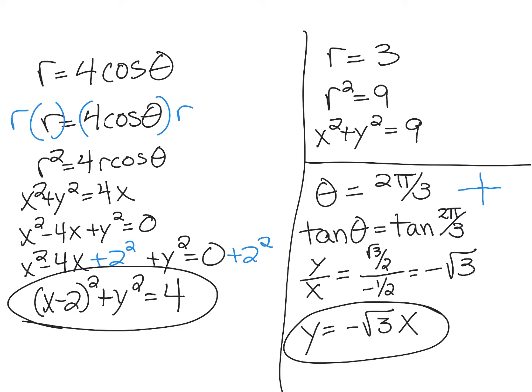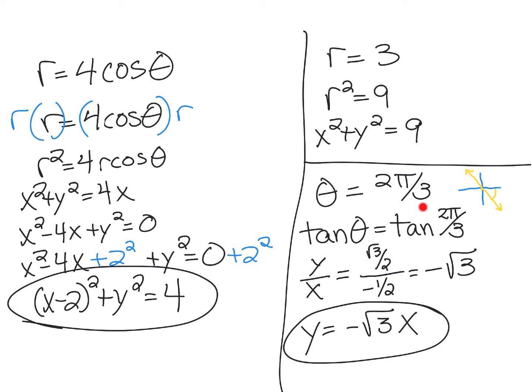I don't have any dependence on the radius, so any distance from the origin is fine, but I just have this radial line where the angle is pi over 3, 2 pi over 3, then I have a straight line that's at a 60-degree tilt below the x-axis, right? So there's a particular slope there, and my y-intercept is at 0.